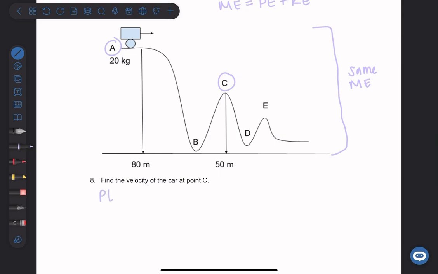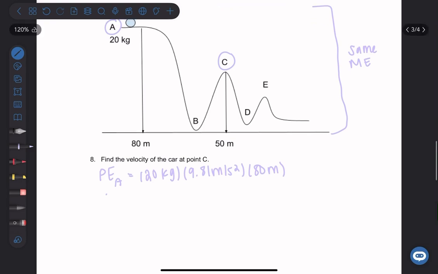So point A. The mass is 20 kilograms. The constant is 9.81 meters per second squared. And the height is 80 meters. We're going to multiply that out. So 20 times 9.81 times 80, and you should get 15,696 joules.